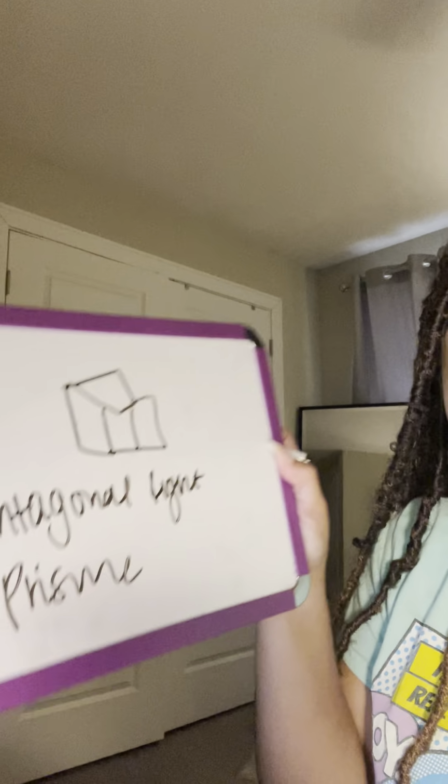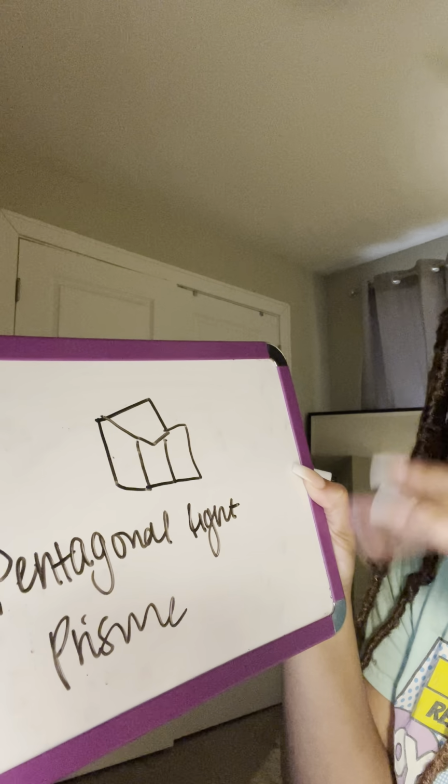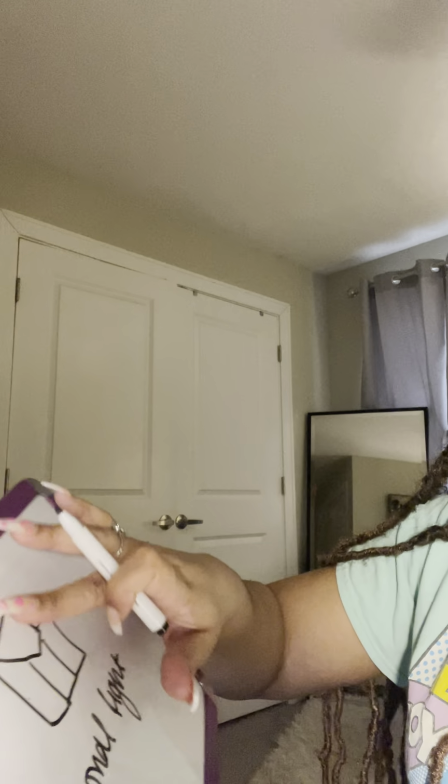I am so embarrassed to even show this, but I cannot draw this. A pentagonal right prism is what this is considered to be. And an easy way to remember this one is it has a pentagon shape at the top of the part, which I cannot draw.